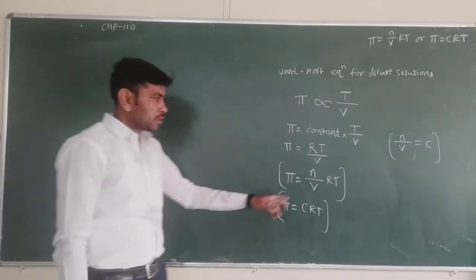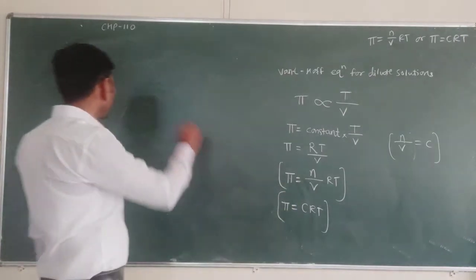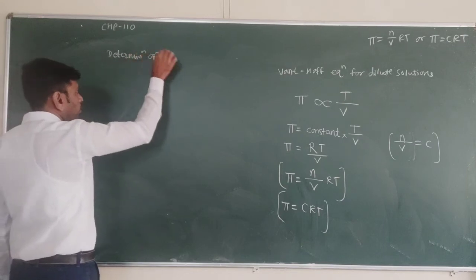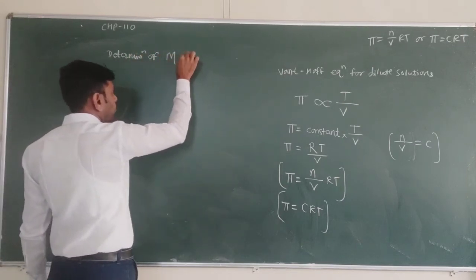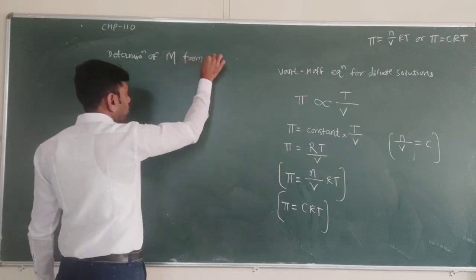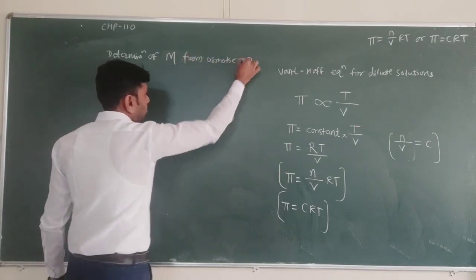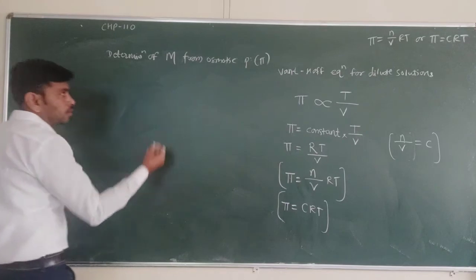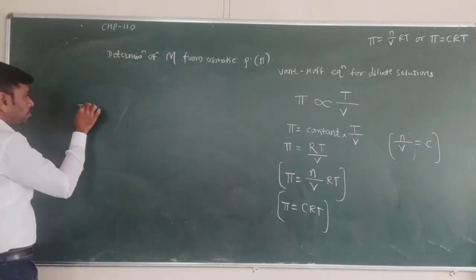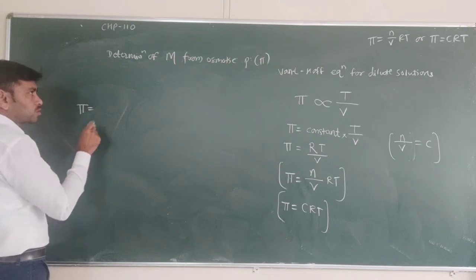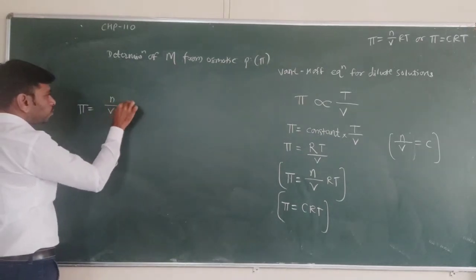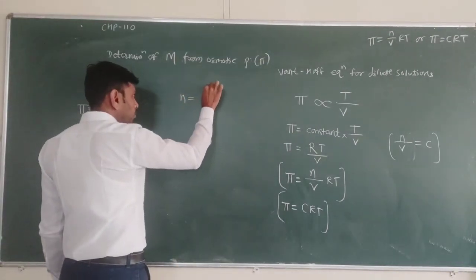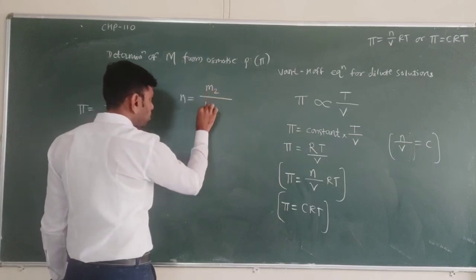From the Van 't Hoff equation for dilute solutions, we can find the molecular weight. So, determination of molecular weight from osmotic pressure, pi. Pi equals n upon V into RT. We know that number of moles equals mass of solute upon molecular mass.